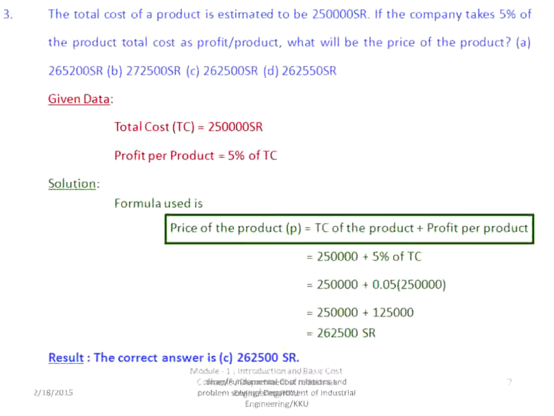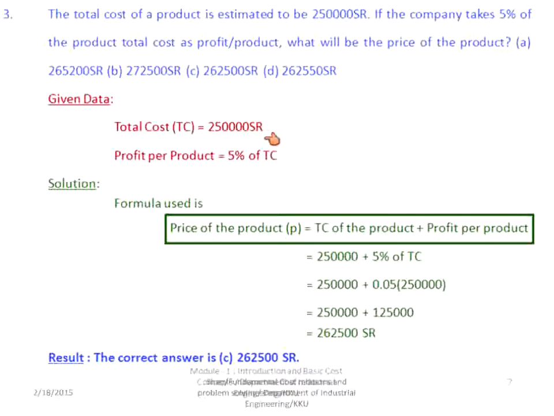Problem number 3. We are dealing with problems on the fundamental relations of costs. Just read this problem, please. The total cost of a product, TC, is estimated to be 250,000 Saudi Riyal.